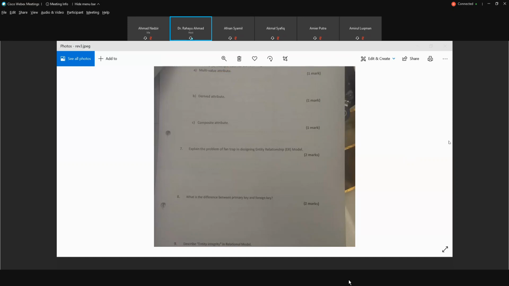And the next question, also check the notes. Describe entity integrity in relational model. We have a few rules of integrity. One is entity integrity, what else? Relational integrity rules. So look at all the rules again.